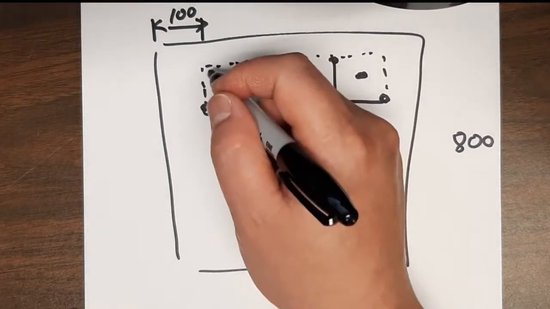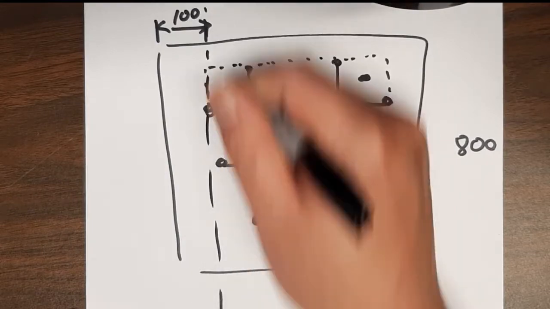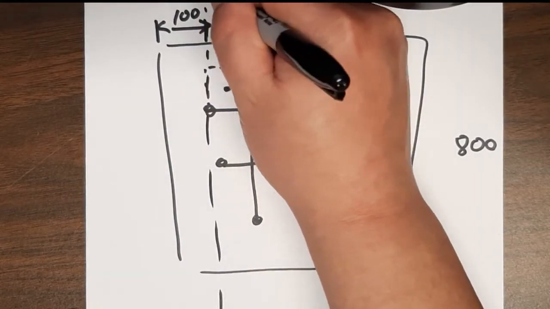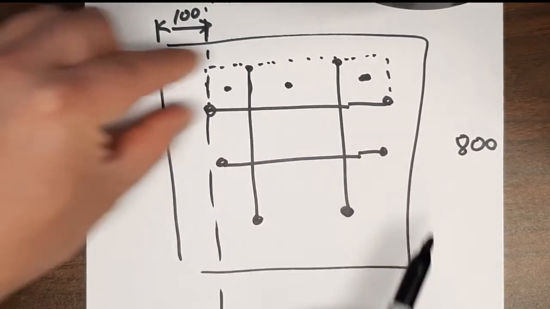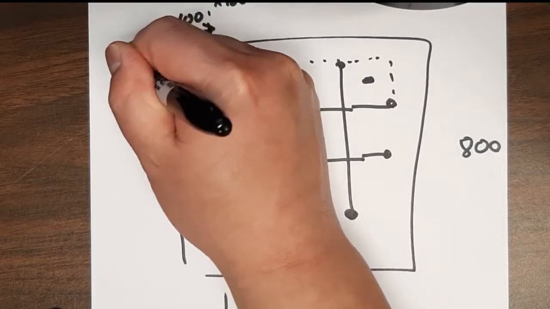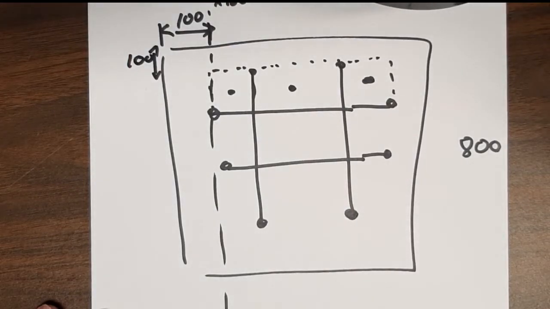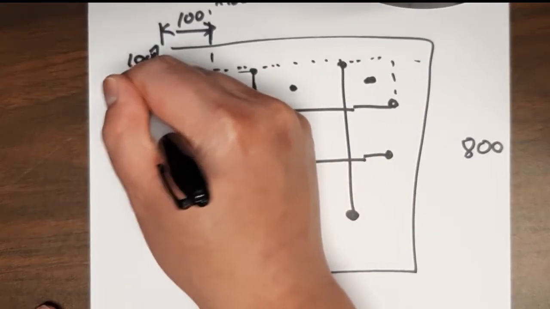And so that means that this line here is at x equals 100, okay? And then you want this gap at the top also to be 100, and so that means that this line here is y equals 100.